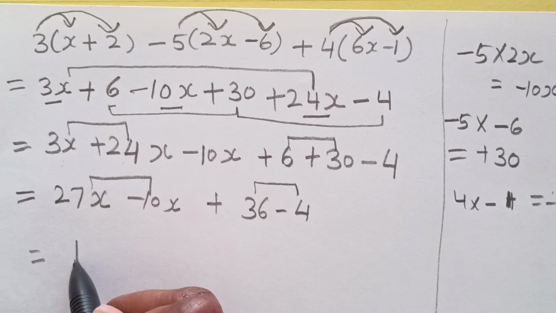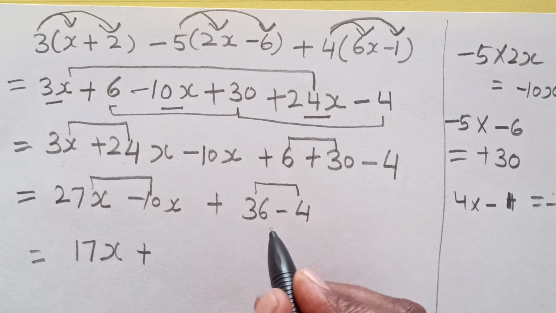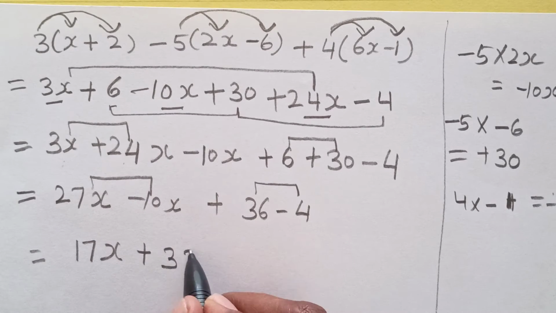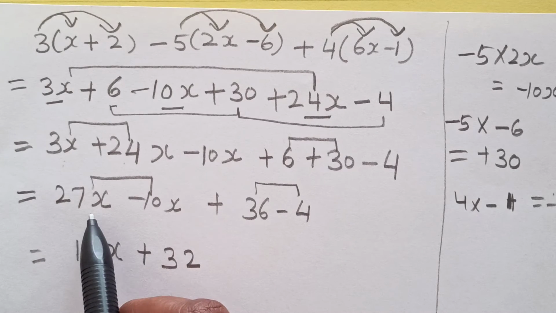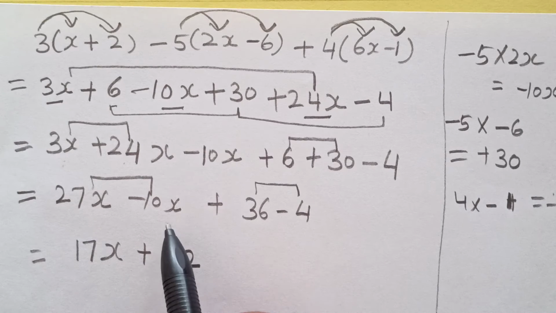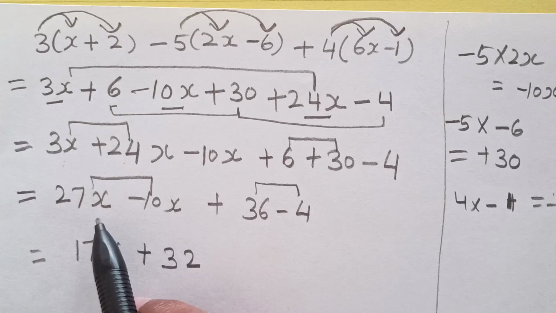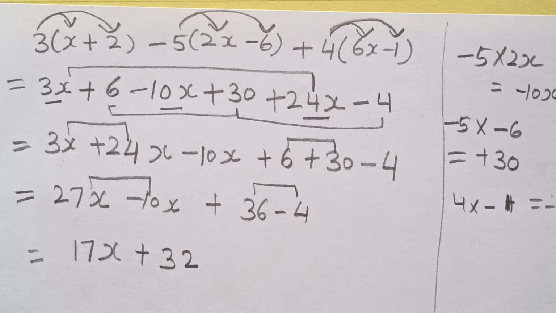So this is going to be 17x plus 32. So this is positive because 27 is greater and 27 has positive sign. Negative 10 is smaller than that, so it's going to be positive. This is also positive because 36 has positive sign.